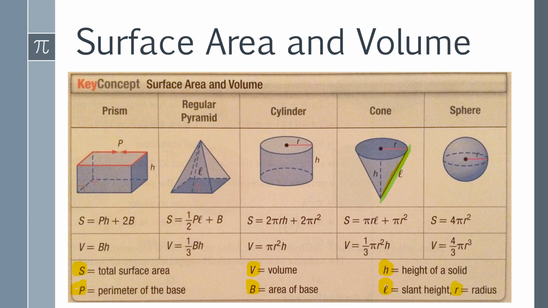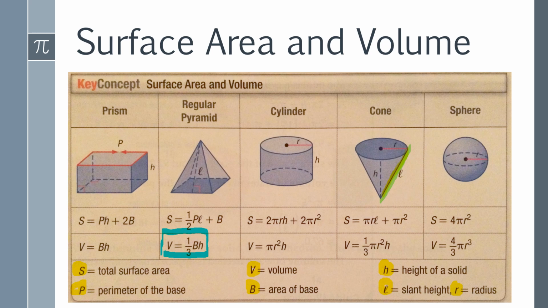All of these formulas, you don't need to memorize all of them. But as many as you can memorize, you do want to. If you notice something here, this is rather interesting. If you look at the volume of this, it's 1/3 the base times the height.